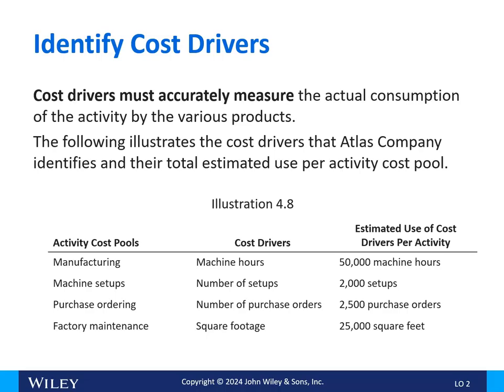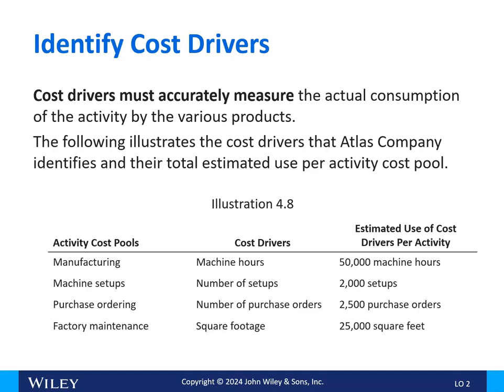Cost drivers must accurately measure the actual consumption of the activity. The following illustrates the cost drivers that Atlas identifies and their total estimated use per activity cost pool. Again, the same 4 activity cost pools, and each has a different cost driver.